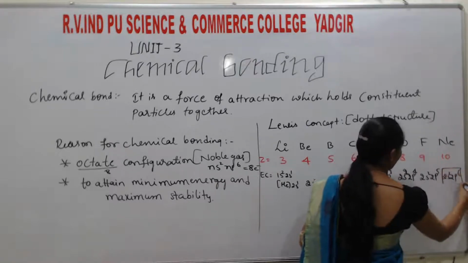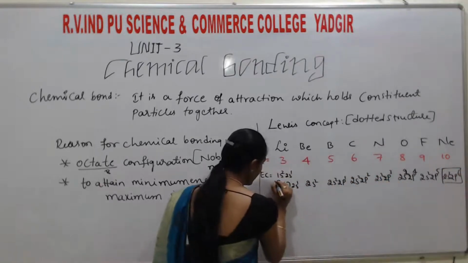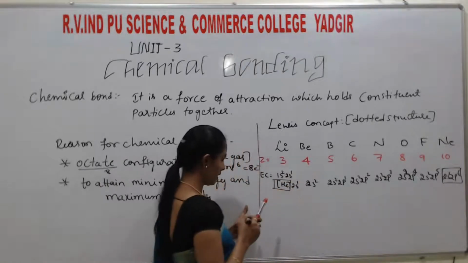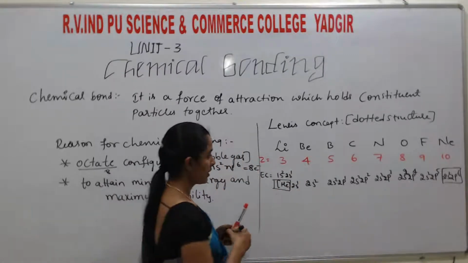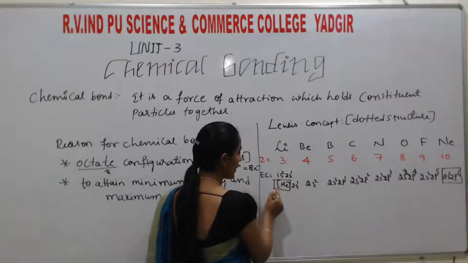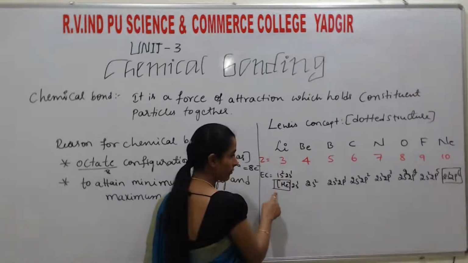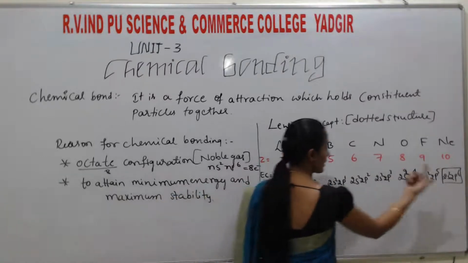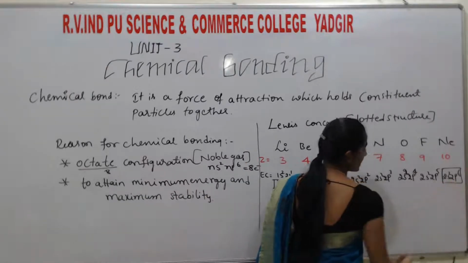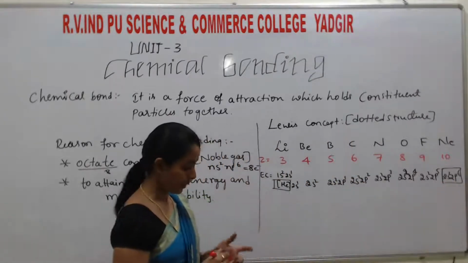This is a completely filled configuration. Here, helium is also a completely filled configuration. Assume this thing. Helium is the nearest. So these two electronic configurations start from 1s2. The next corresponding noble gas is neon, 2s2 2p6.